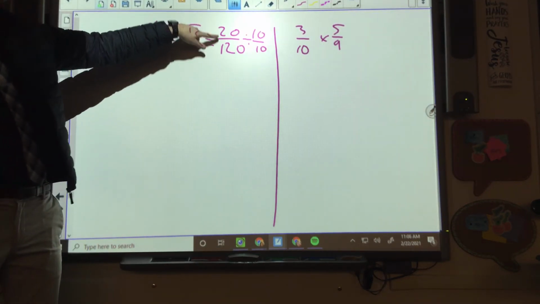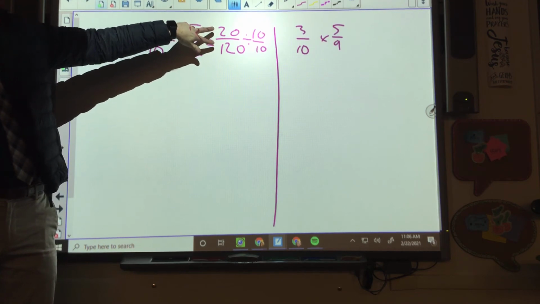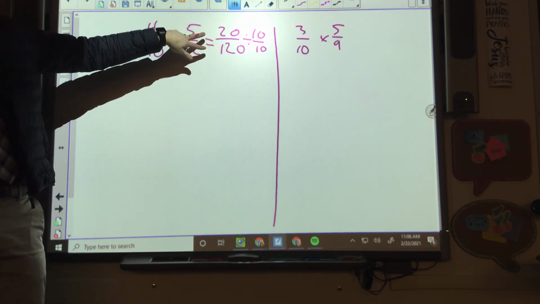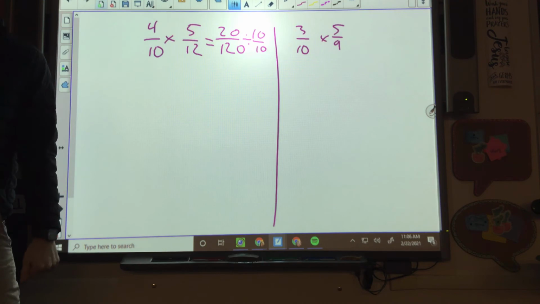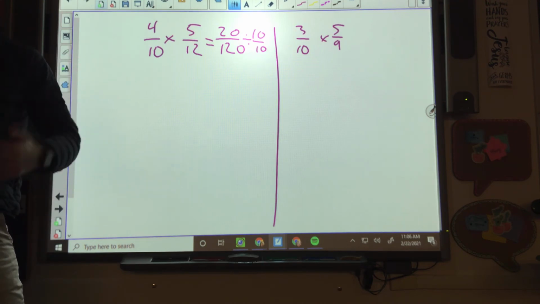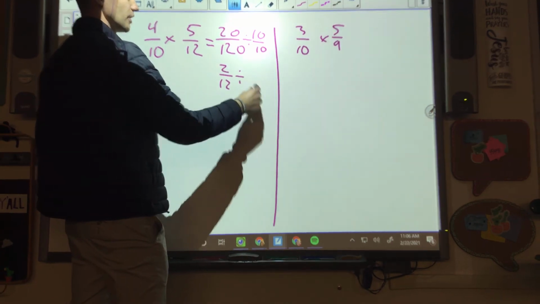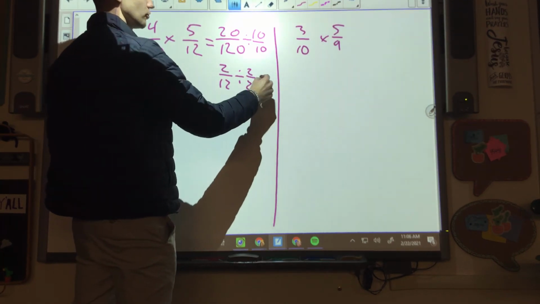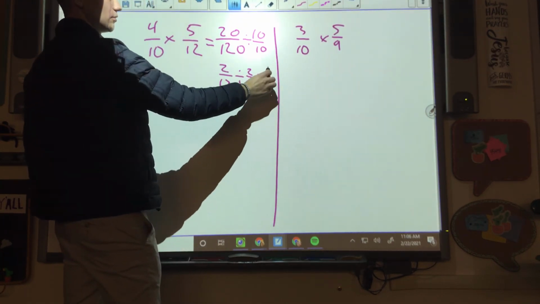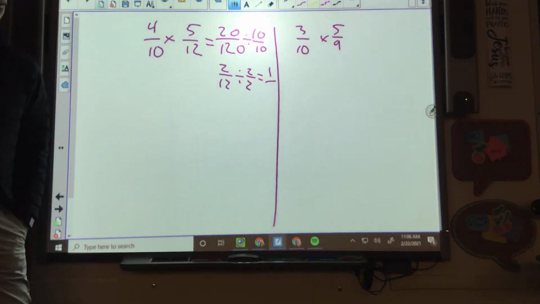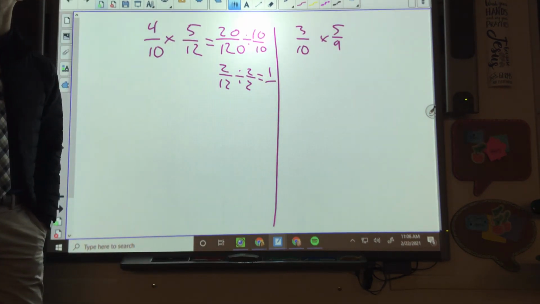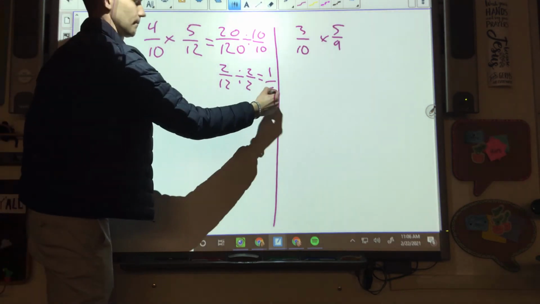Yeah, because these two numbers, the beginning parts, are even. So we actually could divide by 20 right away. We're going to do 10 first, because that makes it easier. 2 over 12, then divided by 2 over 2. 2 divided by 2 is 1. 12 divided by 2 is? 6. Yep. Done.